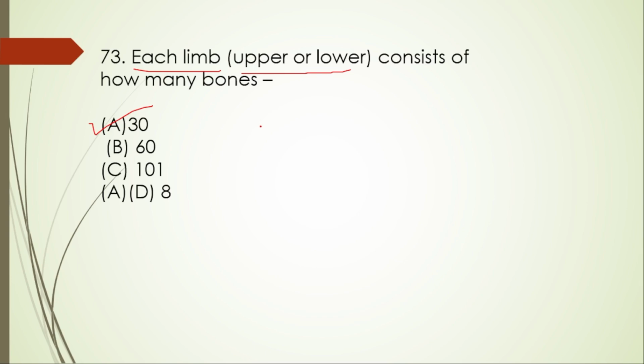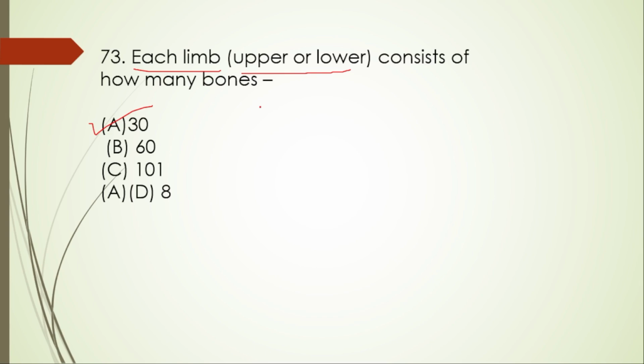If I write here, place won't be there. Humerus will be 1, radius and ulna 2, carpals 8, metacarpals 5, phalanges 14, totally 30.